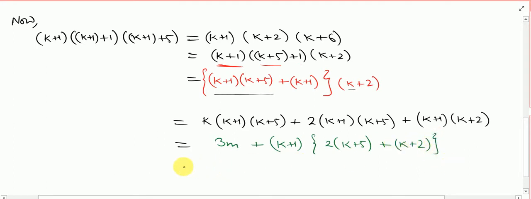Okay, open the bracket now. So you get 3m, k plus 1, and here you get 2k, and this 1k will become 3k, and this 10 and this 2 will become 12. Okay, we got this.